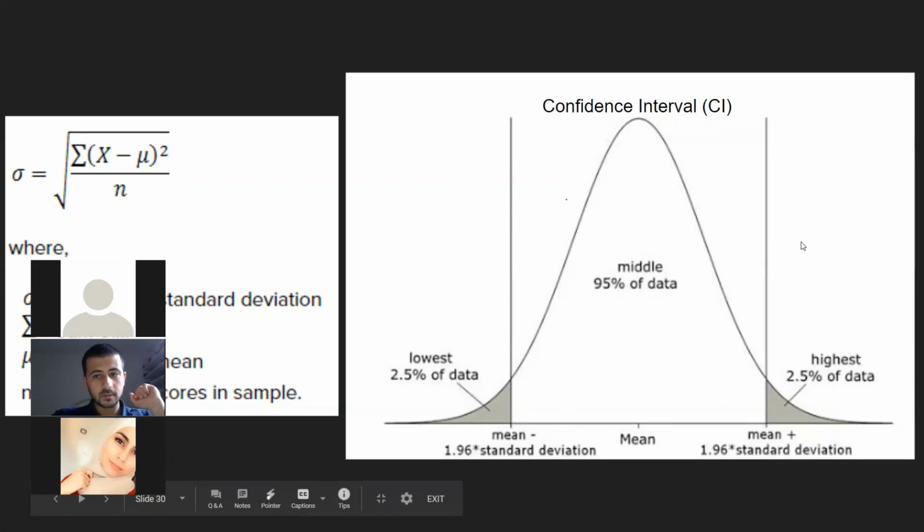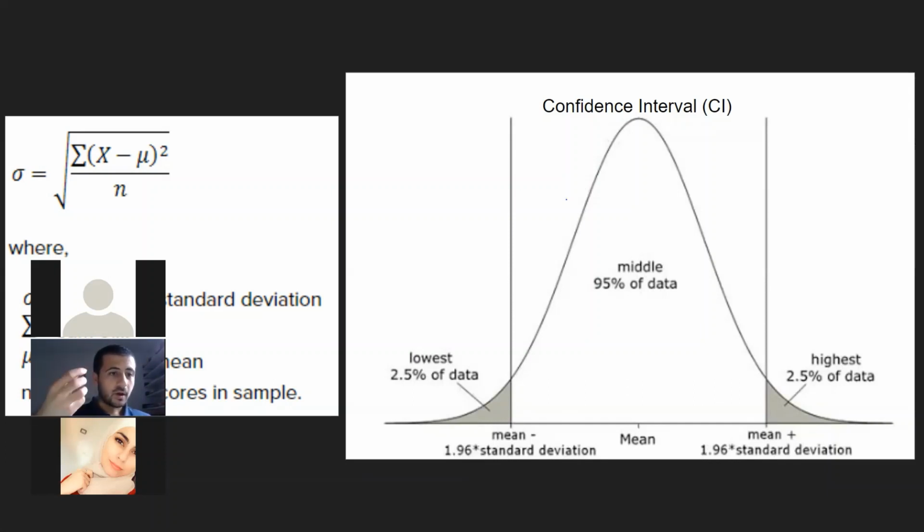This space is the confidence interval. The confidence interval and the standard deviation are quite similar, or we can take one from another, because 2 standard deviations up and 2 standard deviations down means the confidence interval.